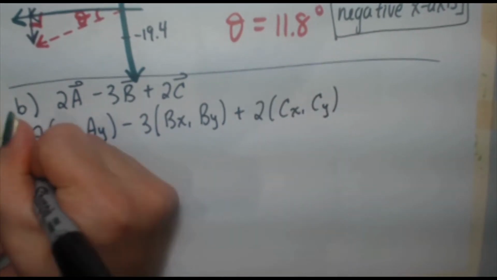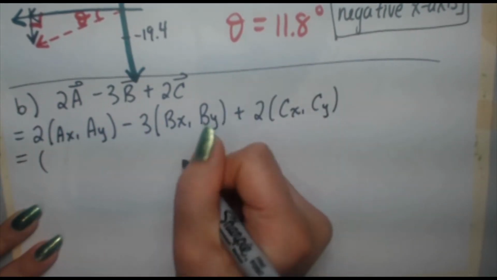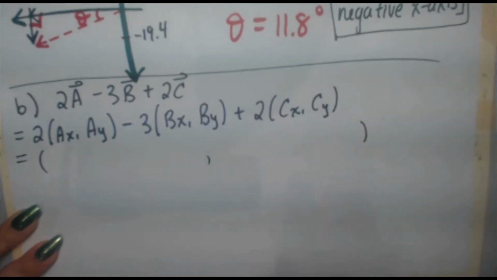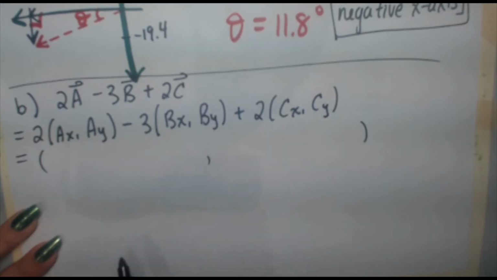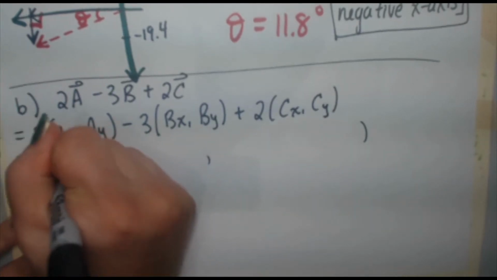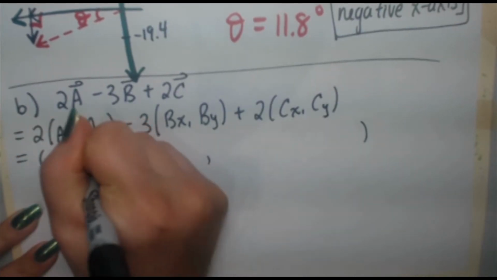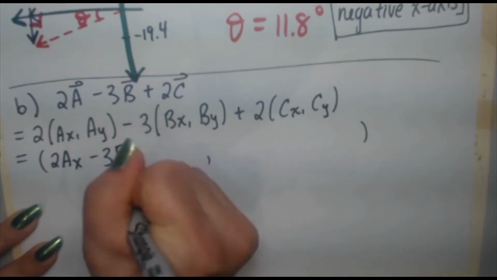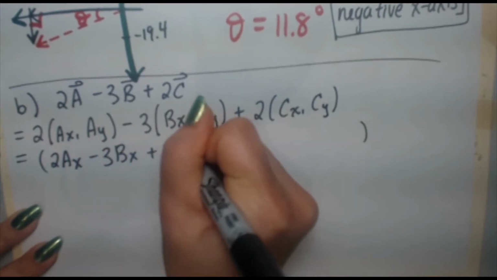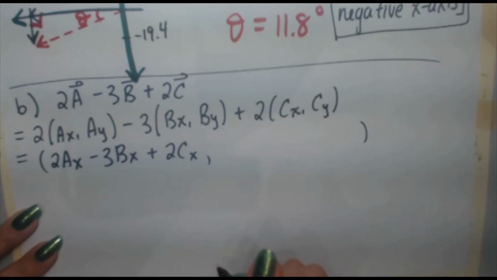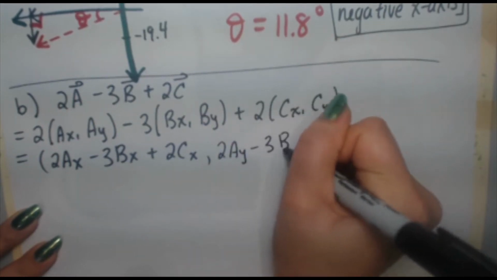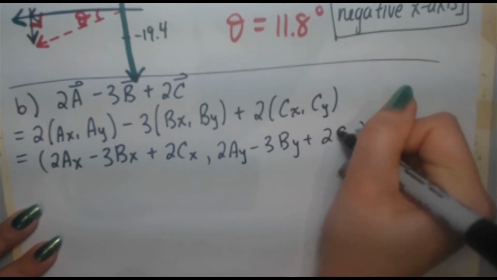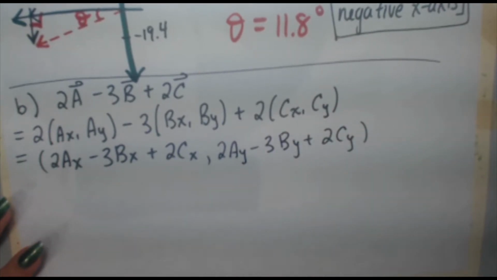Okay, so now I'm going to go ahead and combine this into an x and y bracket. Now, the reason I'm leaving so much space is because I can see I've got 3 different components. So for the x, it's going to be 2ax minus 3bx plus 2cx. And for the y, 2ay minus 3by plus 2cy.